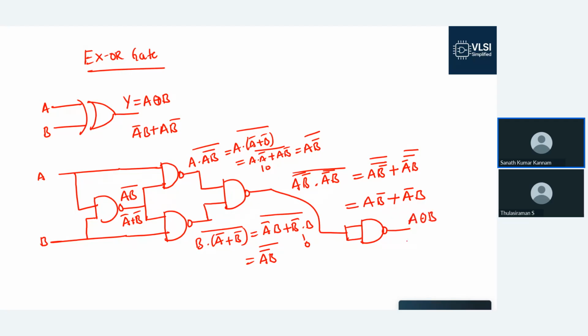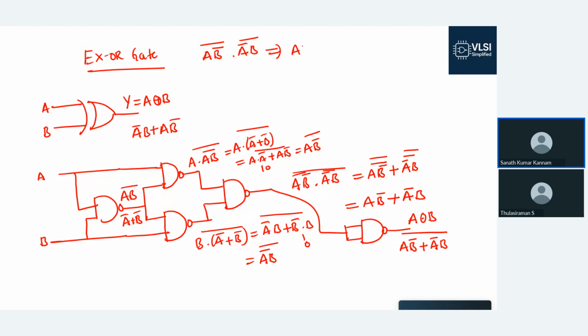Okay, so here if you see, (AB bar) or (A bar B) whole bar. If you apply De Morgan's law, that means (AB bar) whole bar and (A bar B) whole bar. This is equal to what?